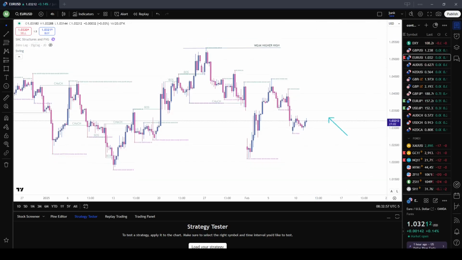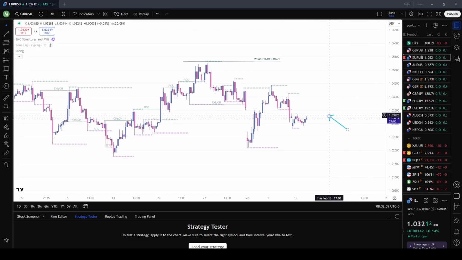EUR USD, making higher highs, higher lows, higher highs, higher lows. Pulled back. If this is the higher low, then we expect this to hold and start targeting these highs, just like with GBP USD. Let's go ahead and map out the range.